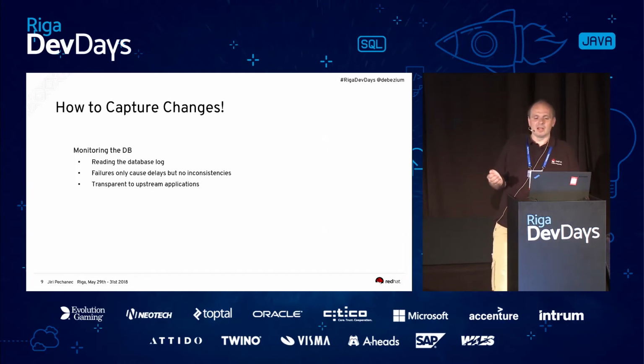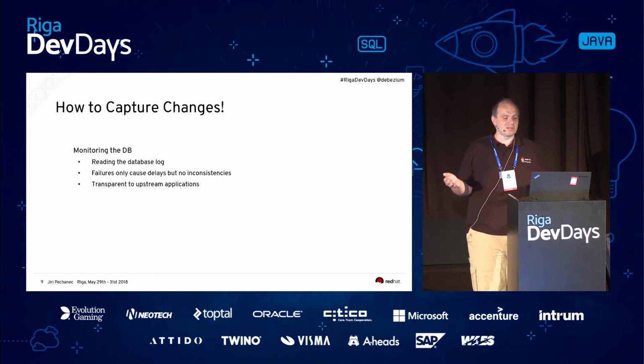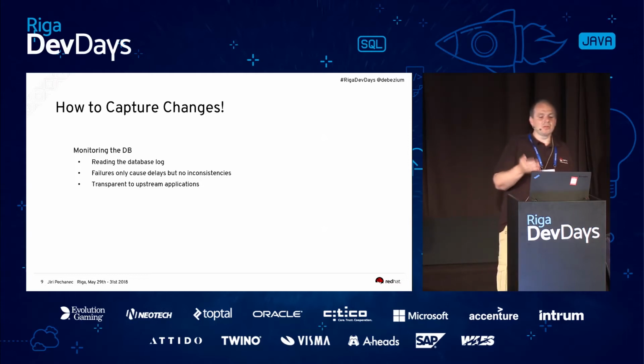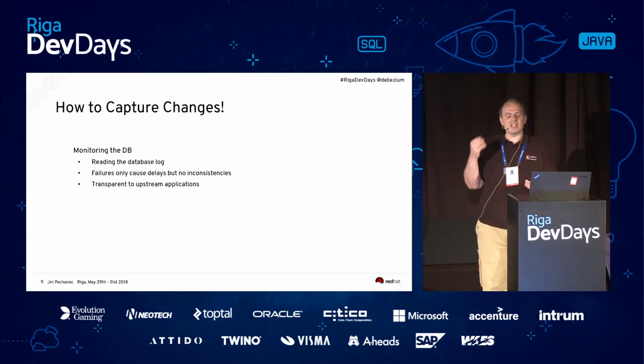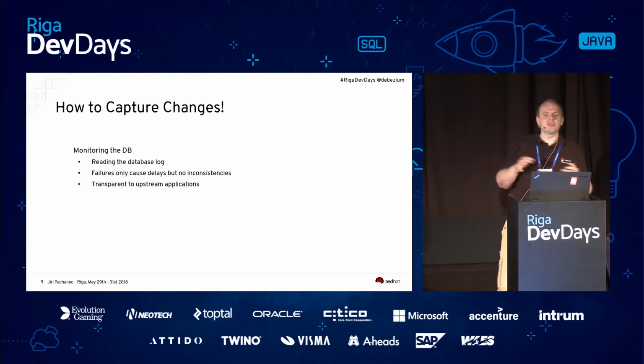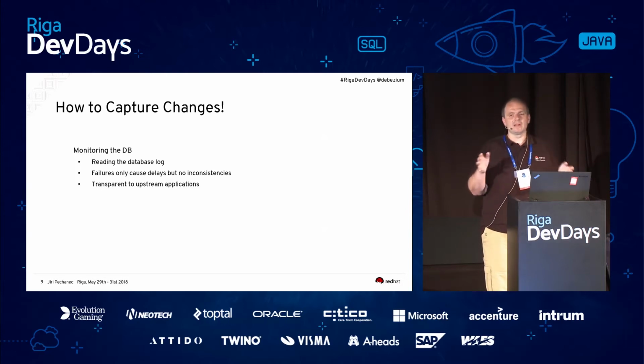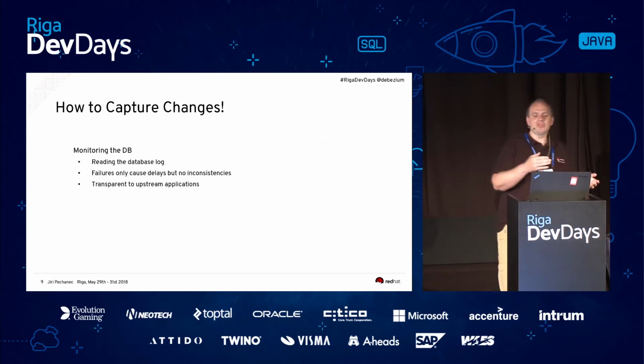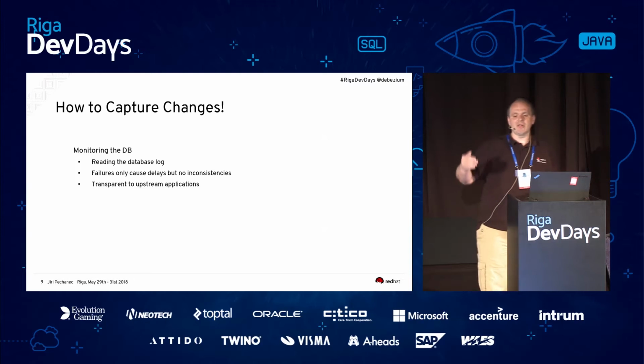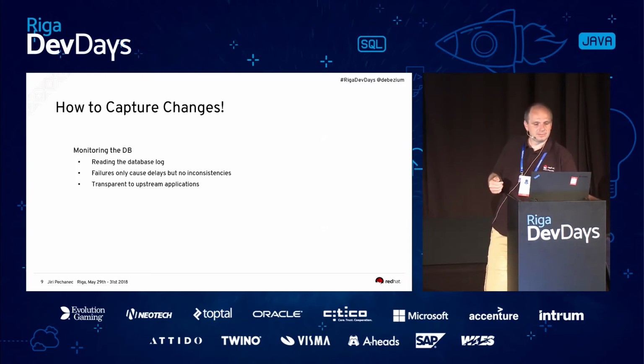So it's pretty easy and pretty robust. And last but not least, this is a transparent solution to upstream applications, because they don't need to know anything about the solution that generates the change stream of events.